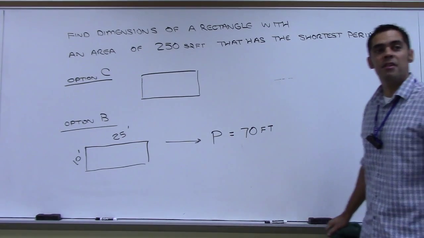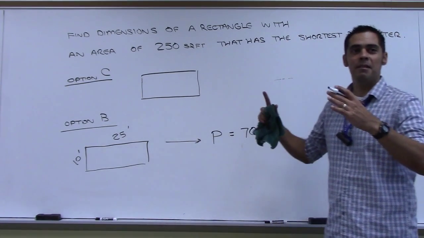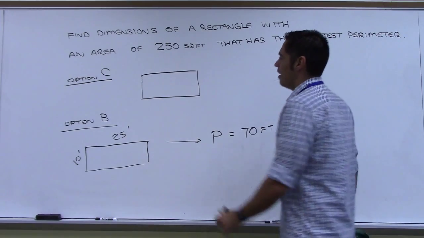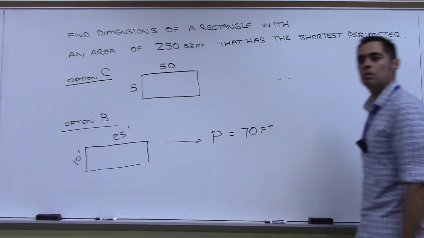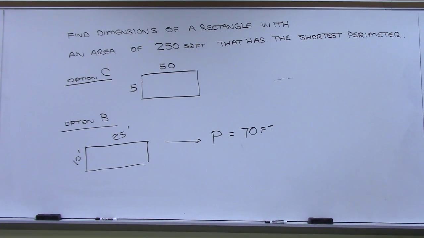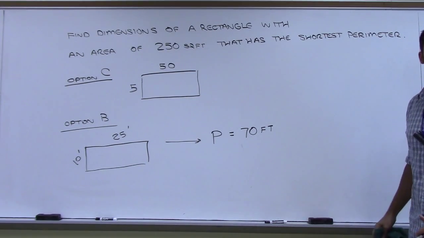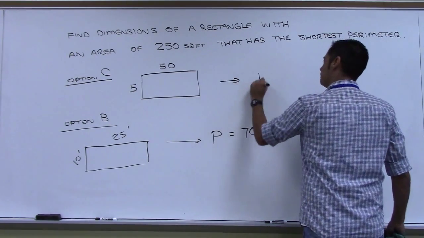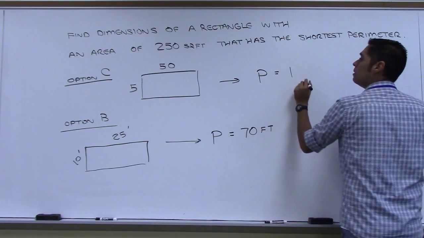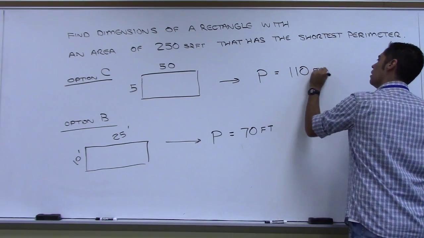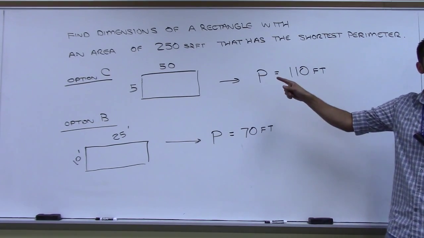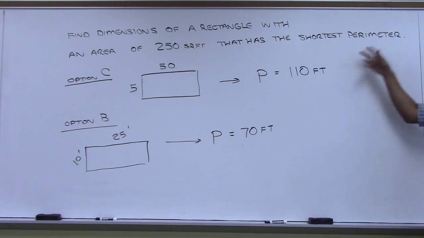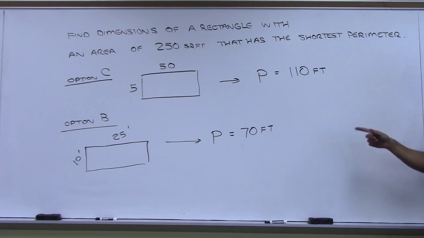Oh, 5, I thought you said 550, like 550 by... No. Yeah, okay, sorry, I misunderstood. 5 and 50, that would work. Agreed? 5 times 50, 250. So that has the appropriate area. What's the perimeter of this one? 110. So option B looked better than option C, right? If we want to get the shortest perimeter. But there might be one better than that.